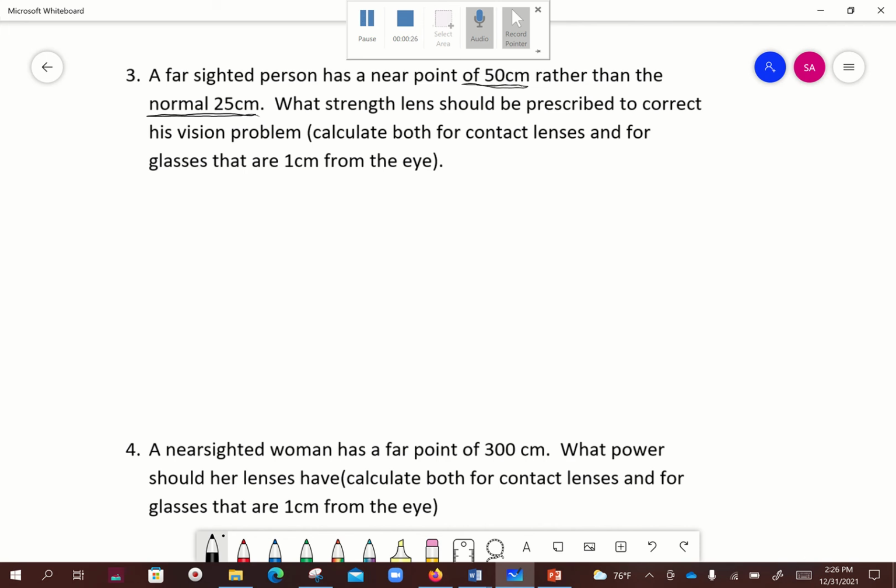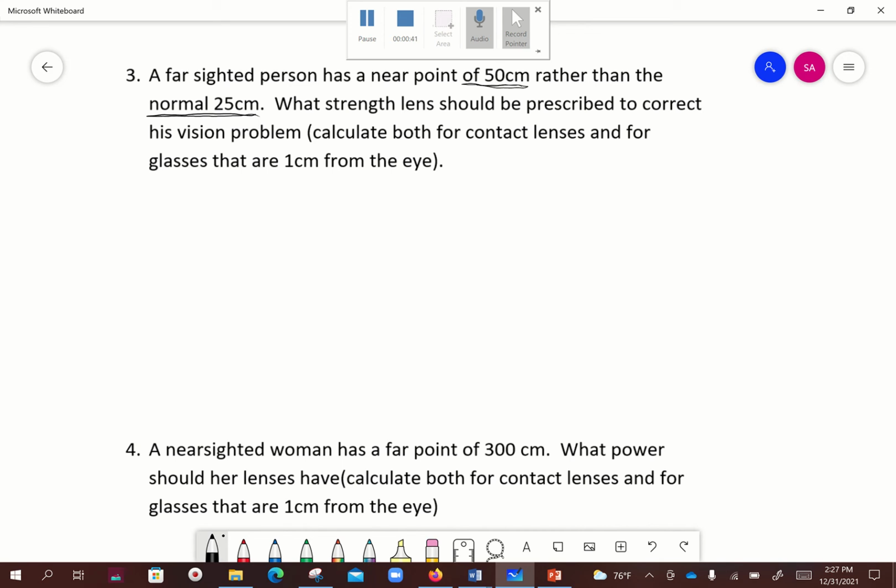So we want to know what strength of lens, so what's the prescription, 1 over the focal length, to correct the vision problem. I want to calculate both for someone who's wearing contact lenses and for glasses that are 1 centimeter from the eye.